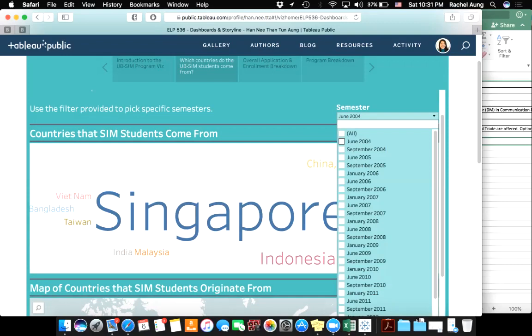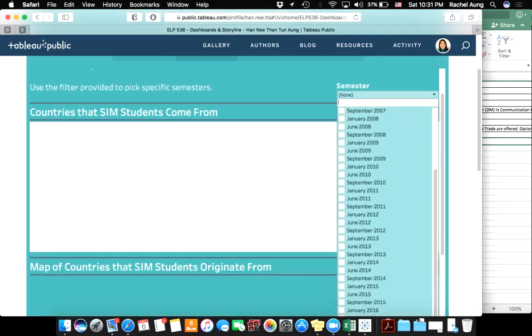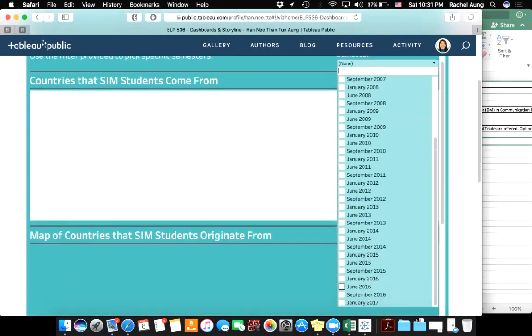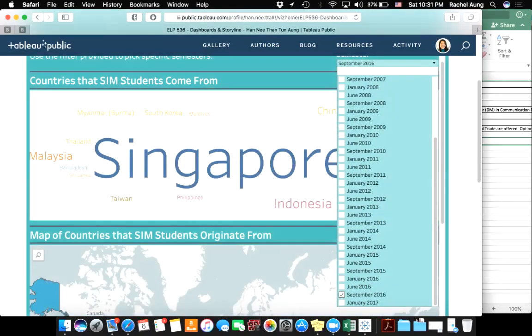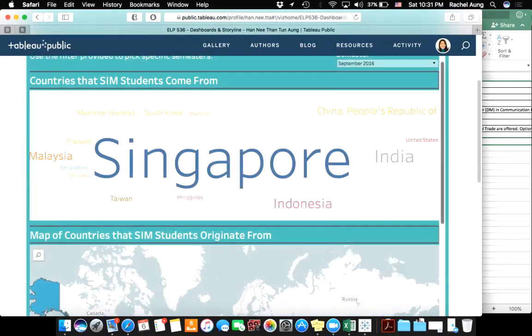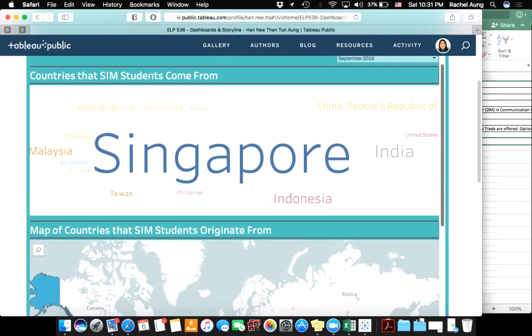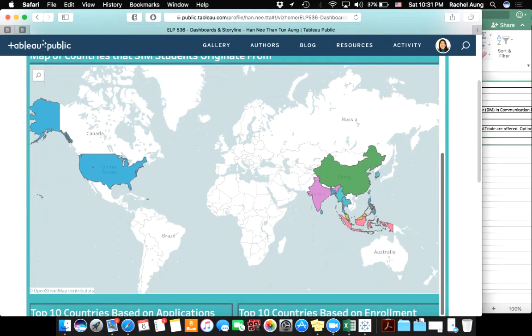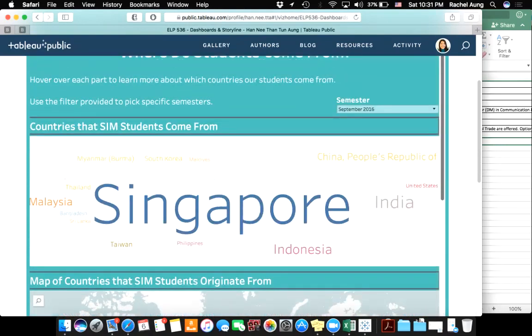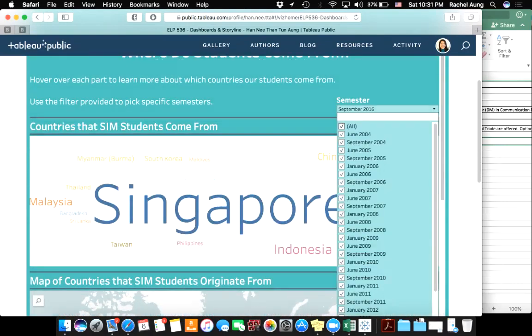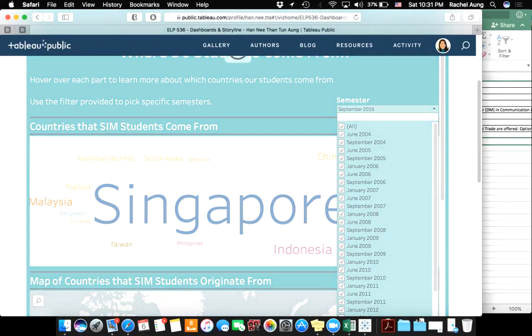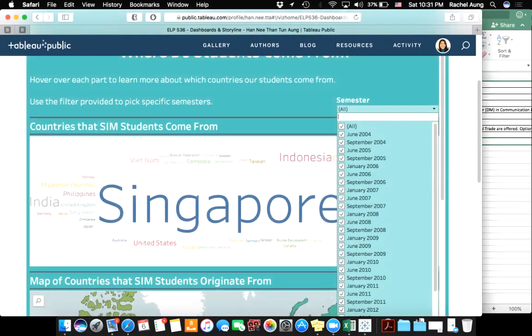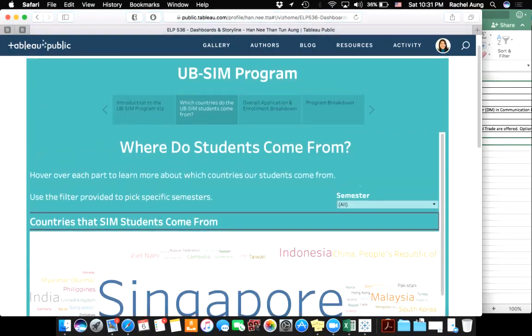And then when you go to right now, for example, you'll see how the countries have sort of increased. It always changes every semester, and then you can just look at all of the countries that people have come from since the program started.